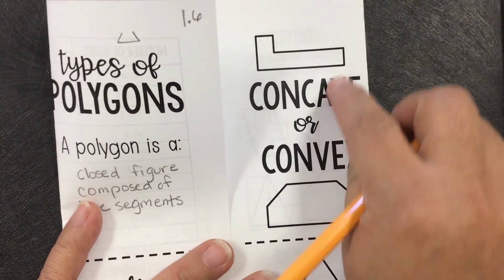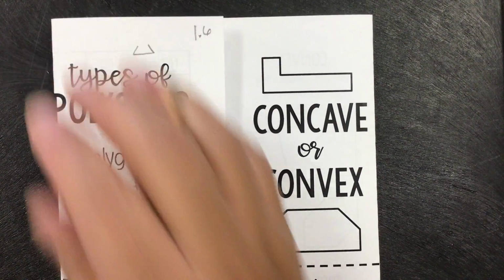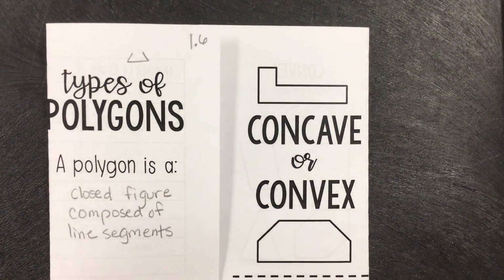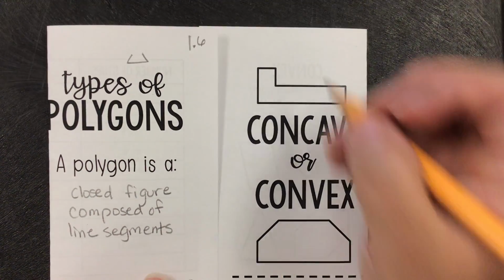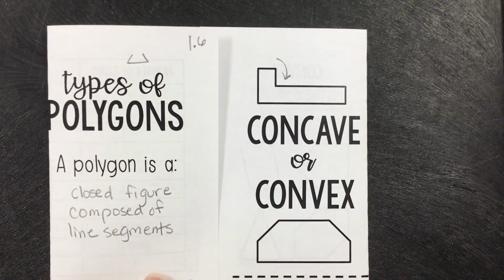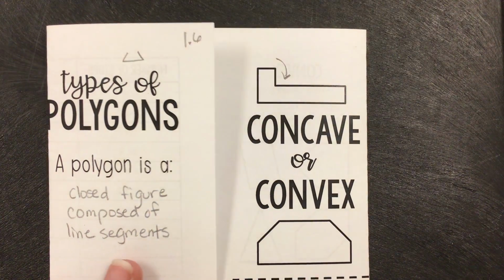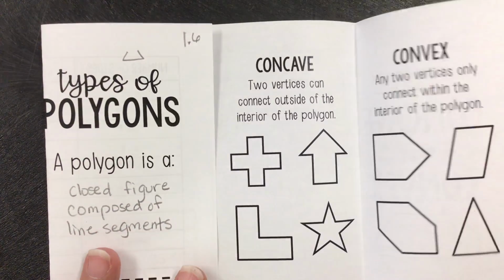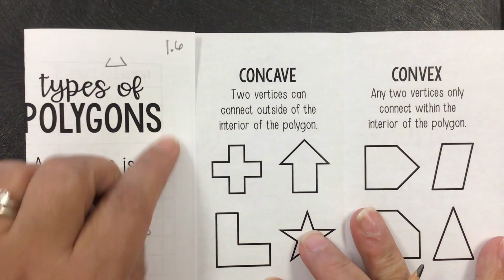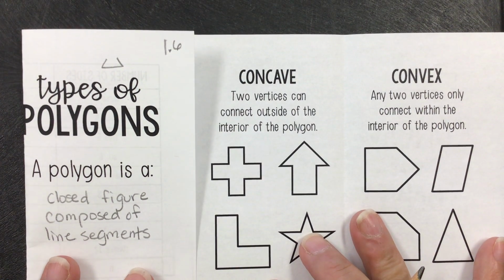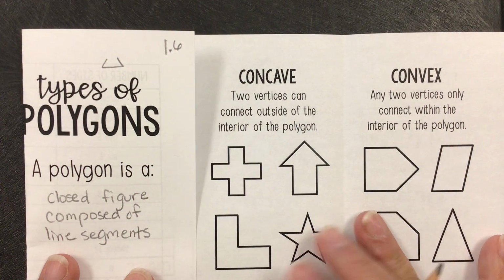Okay. On this other side, we have concave and convex. The easy description for concave is that it actually has a section where it caves in. So if you look inside, there's 2 vertices that can connect outside of the interior of the polygon.